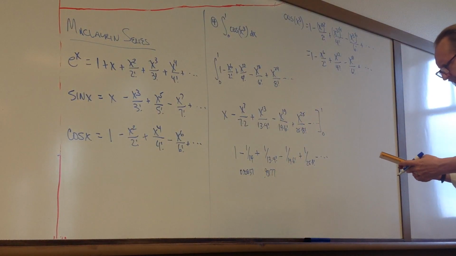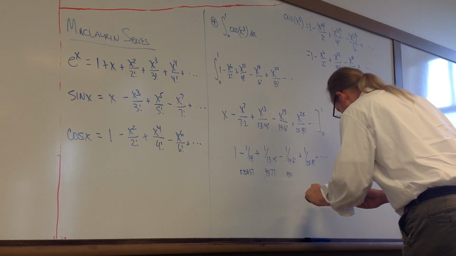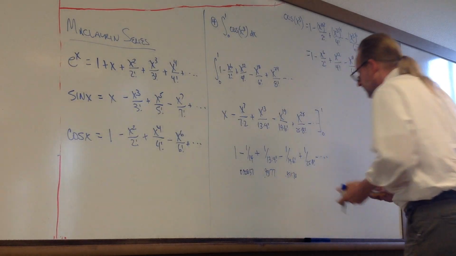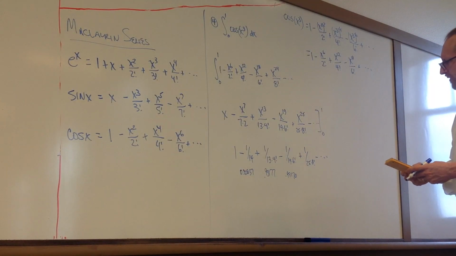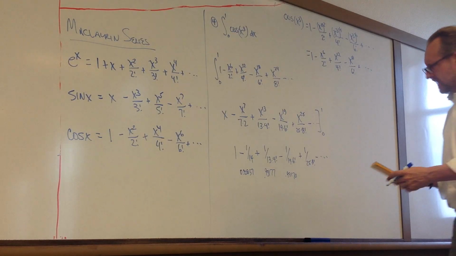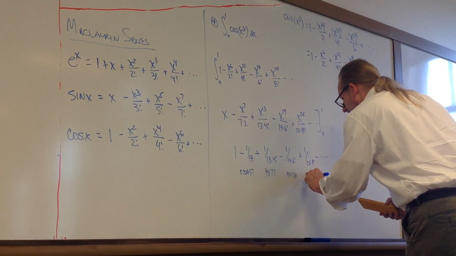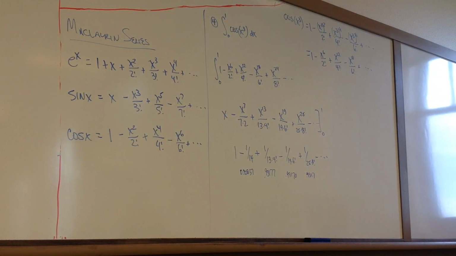Then subtract 1 divided by 19 times 6 factorial, giving 0.93170. I can add this last one on here, 1 divided by 25 times 8 factorial, and it's still 0.93170 or so.